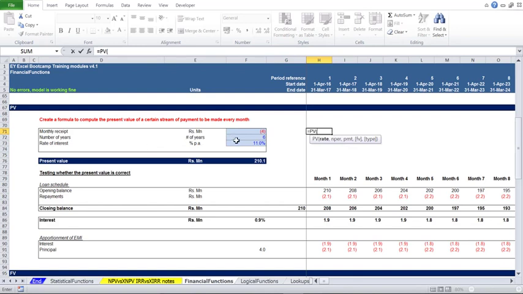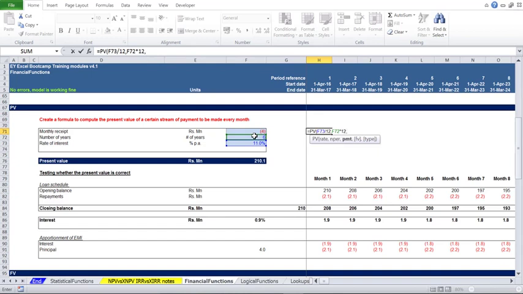The rate is 11%, but as you remember, we are calculating the PV on a monthly basis. So we divide the rate by 12 to convert it into a monthly rate, comma, NPER is the number of, let's say, payments or number of receipts, which is number of years into 12, which is months.